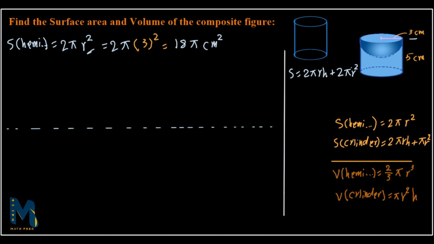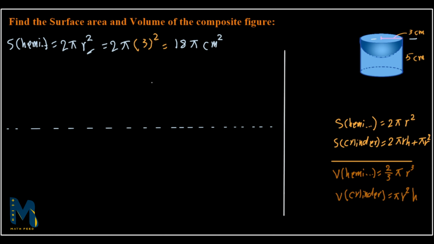But in here, one circle is missing because we have a hemisphere upside down in this circle. So we have just one circle for the cylinder, so we can erase the 2, it will be 1. So our rule will be 2 pi rh plus pi r square.